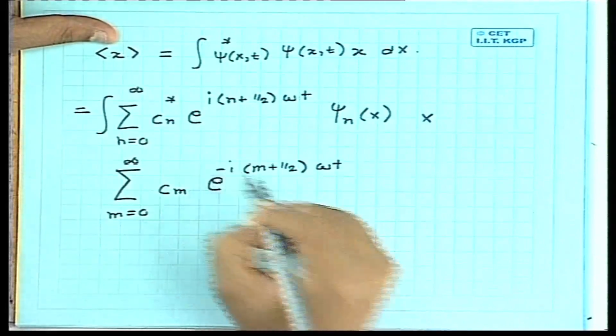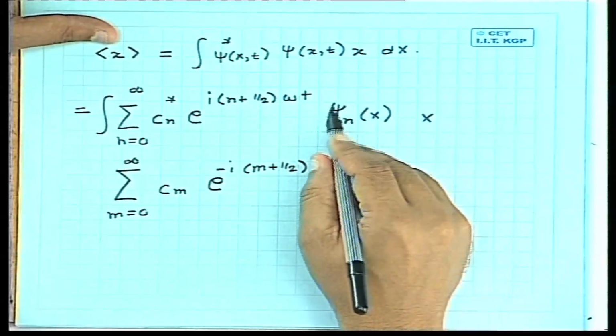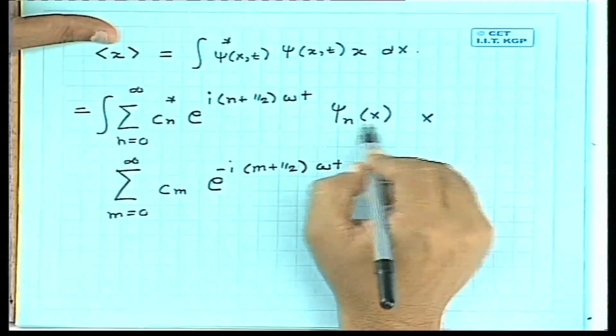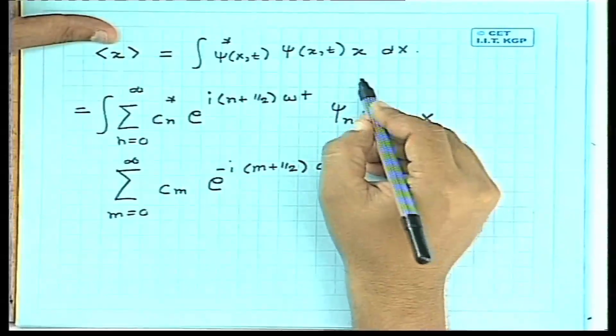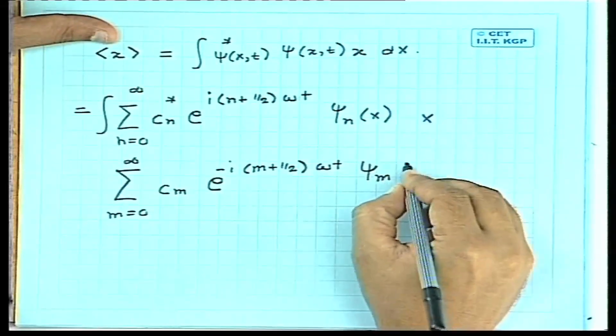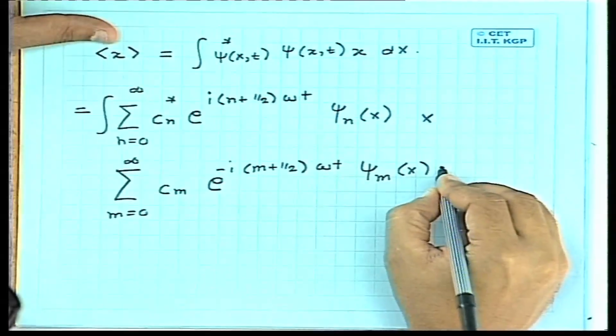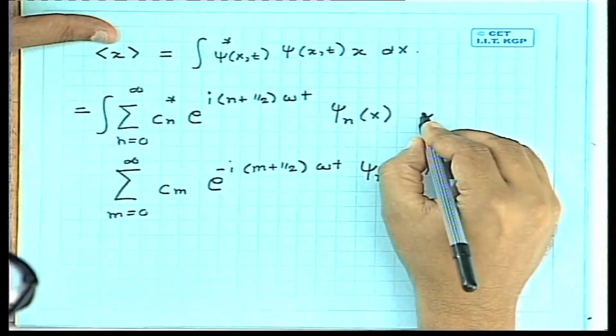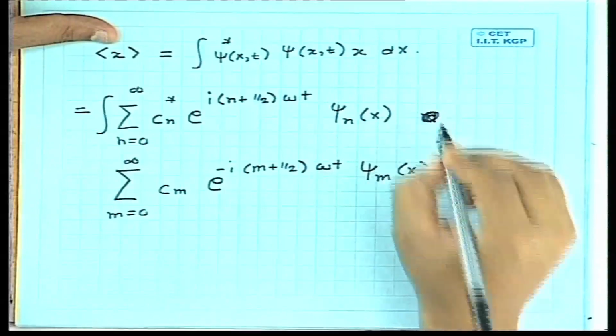These eigenfunctions psi n are real, so the star doesn't matter. And then we have psi m x into x dx.